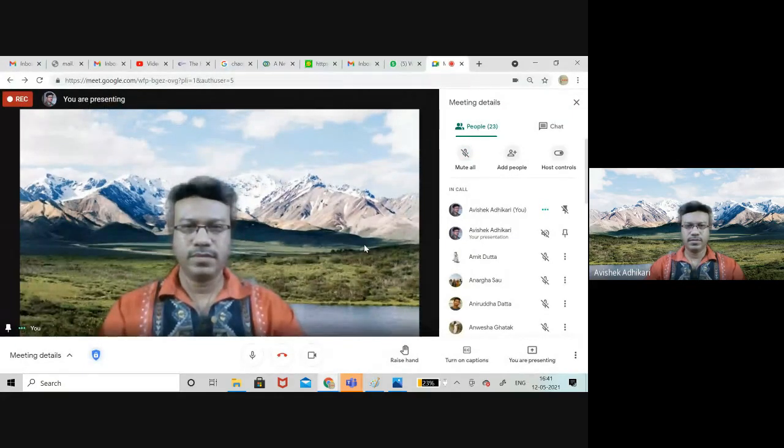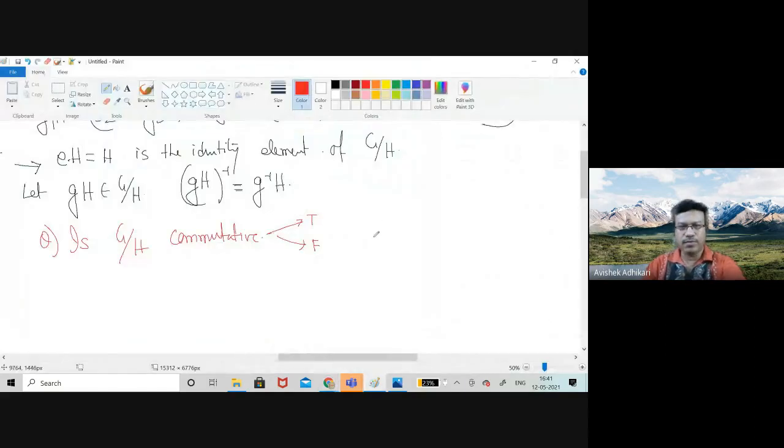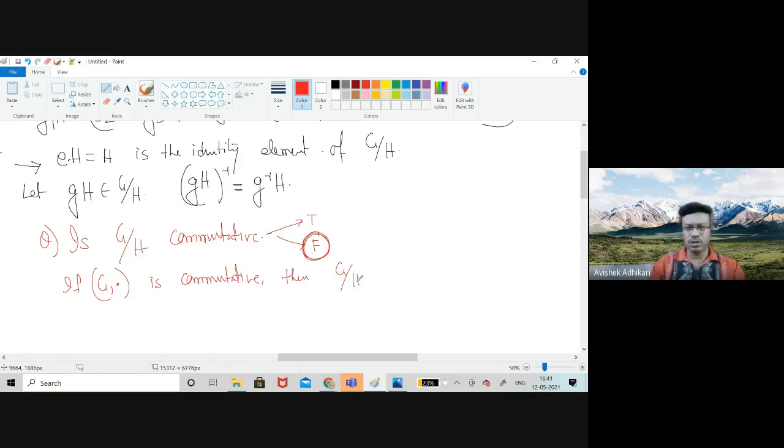If G is commutative, then G quotient H is also commutative. Very good. So this is in general false because I consider G to be any arbitrary group. But if G is commutative, then G quotient H is also commutative.